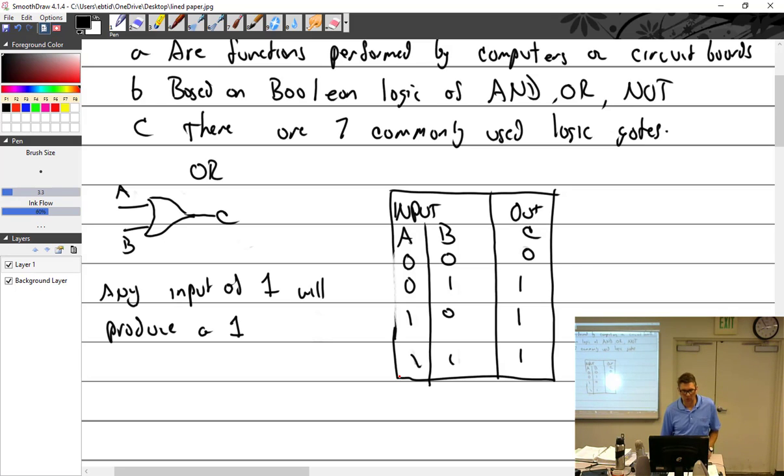The invert, or NOT. I shouldn't have done that one next because I have to erase stuff.